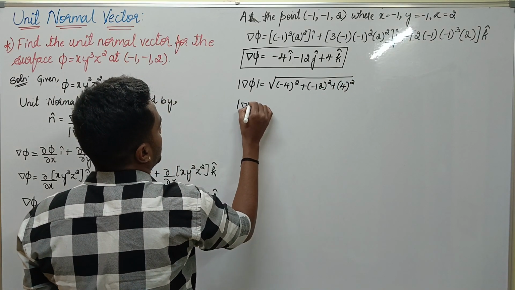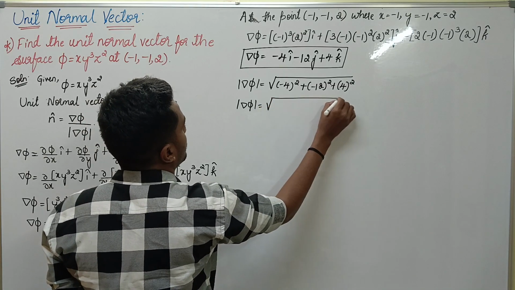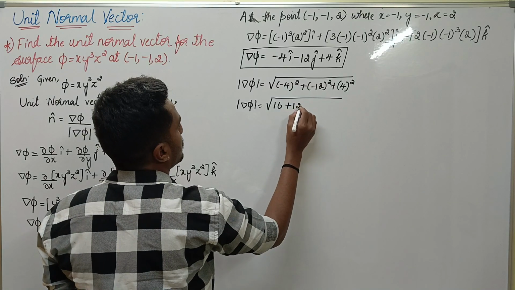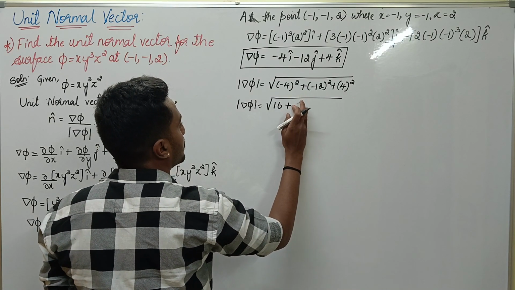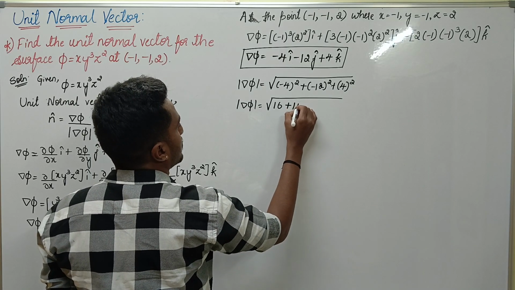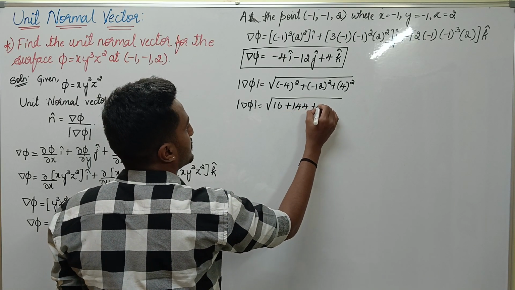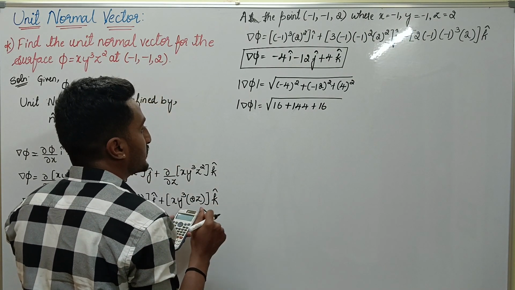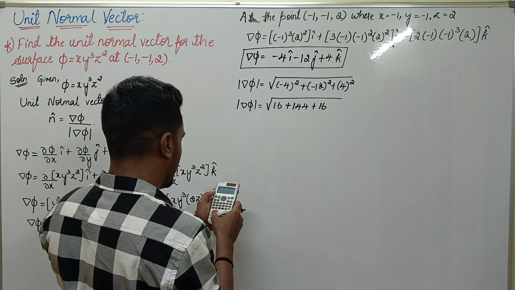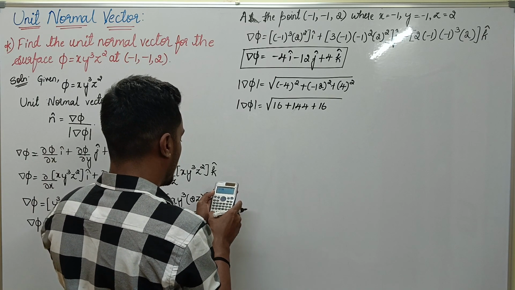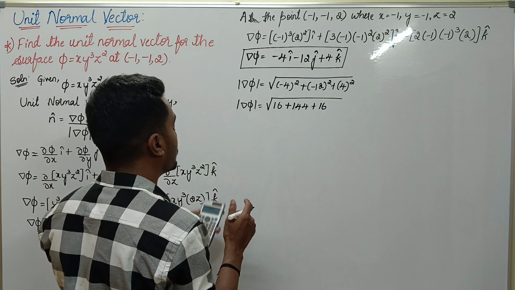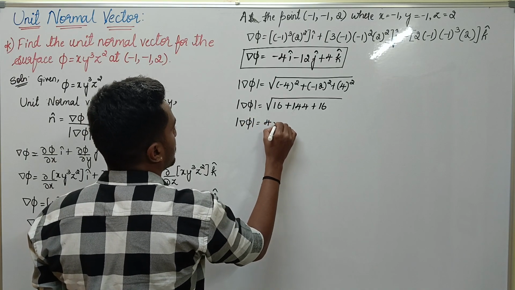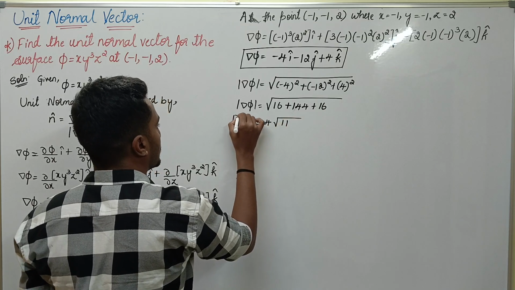That is square root of 16 plus 144, 12 square is 144, plus 16. Now apply the square root, that is square root of 16 plus 144 plus 16, you get 4 root 11. Modulus of gradient phi is equal to 4 root 11. Use the calculator, you will get the direct solution.